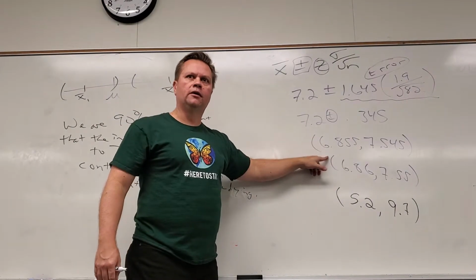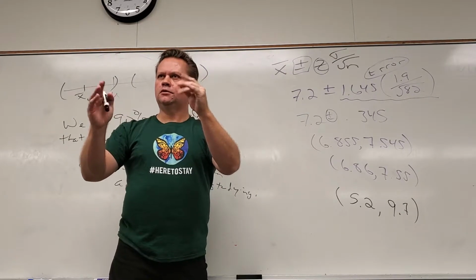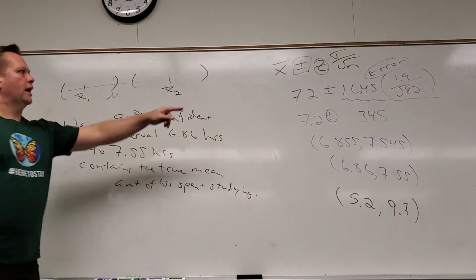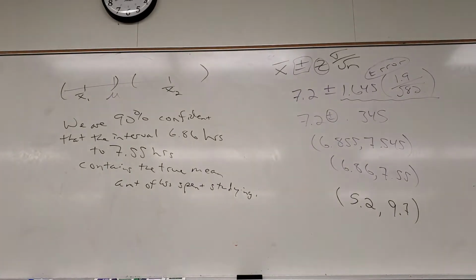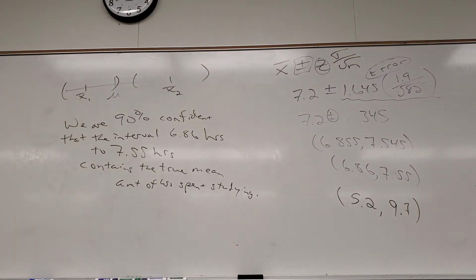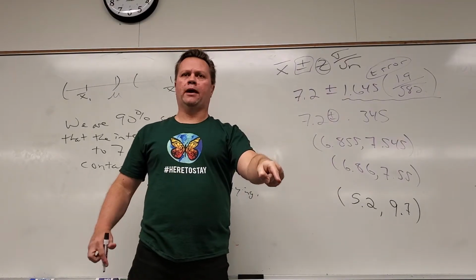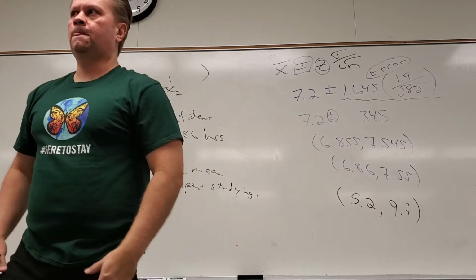Ours would be better because it's not as wide, right? We could have both gotten the same average, 7.2. If that's all we report, that's all anybody knows. But if we also report the interval, people can see whether we were really sure about it or not. It gives more information.